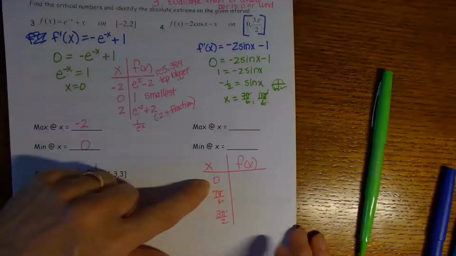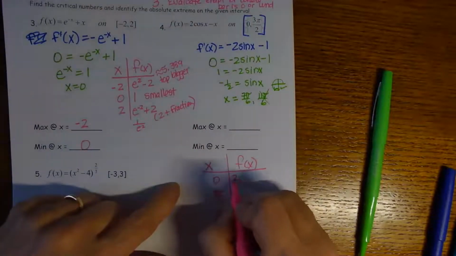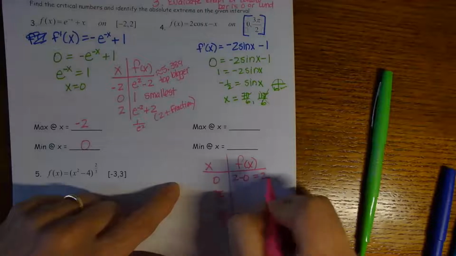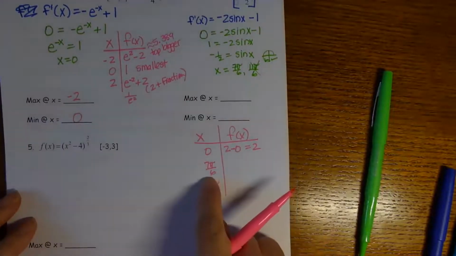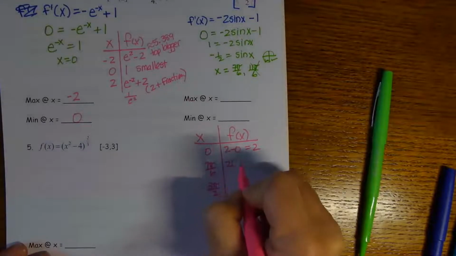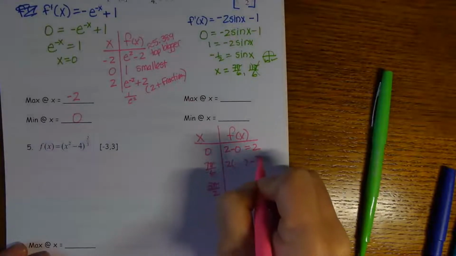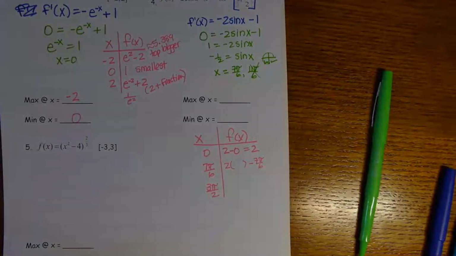What's cosine of 0? 1. And 1 times 2 is 2. That one was easy. 7 pi over 6. What's cosine? I'm going to write this one down. What is cosine of 7 pi over 6?